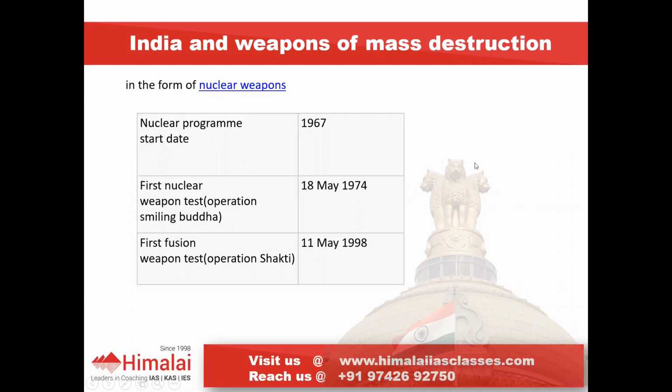This group was created to put more conditions on other countries to stop the testing. However, we couldn't become a member of this NSG group. We did not sign the NPT.